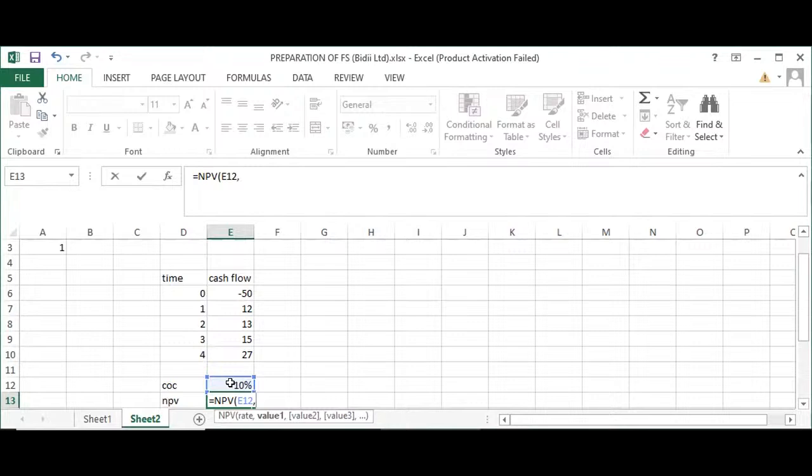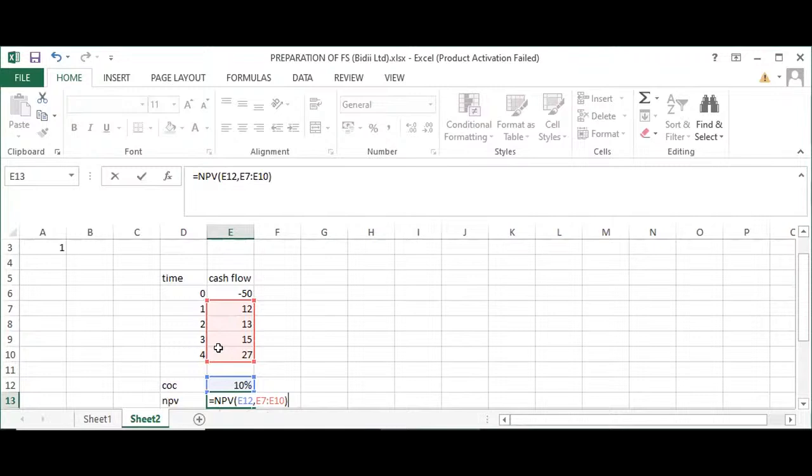And then from value 1, you pick from value 1, you highlight all of them. You close brackets. You can see bracket there.